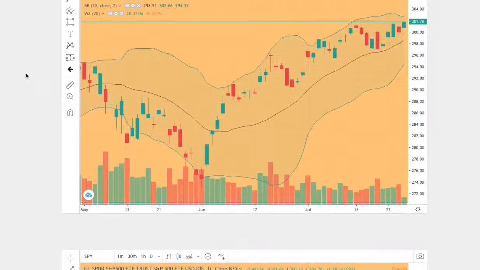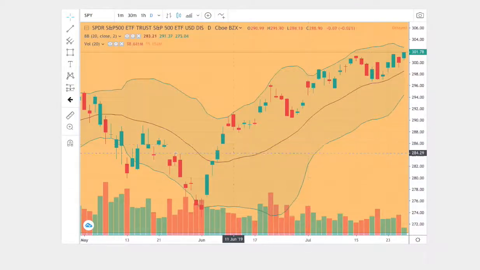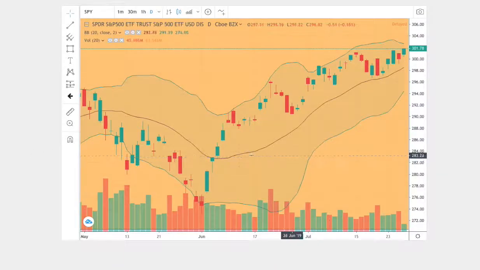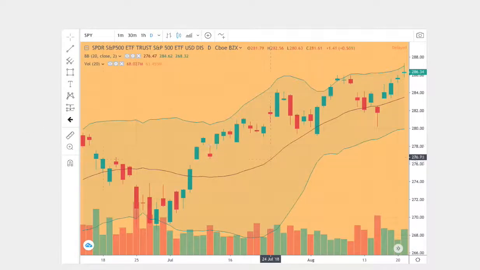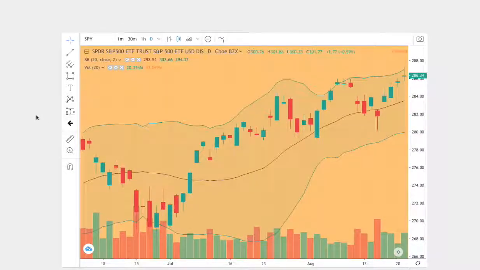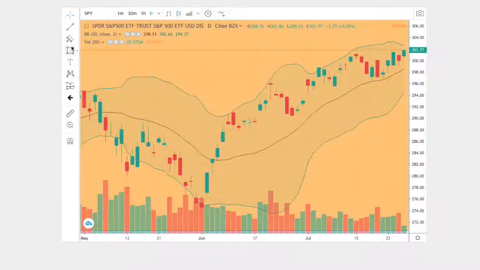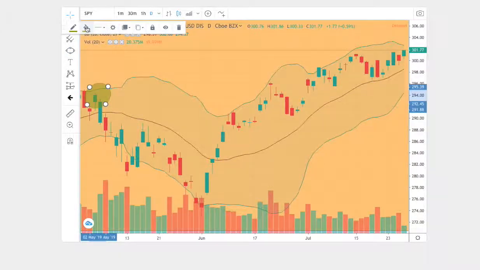So I'll compare the current trend with the 2018 trend, and I'll prove why this trend is a reliable forecast to look at. In the beginning, we have a touch on the upper Bollinger Band right here. Then we proceeded to a downtrend.